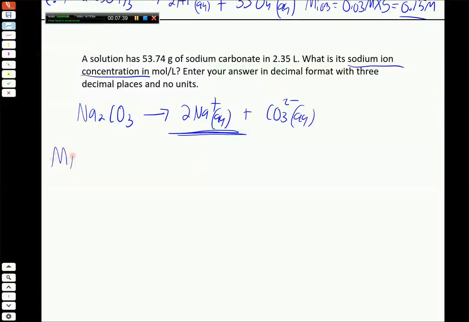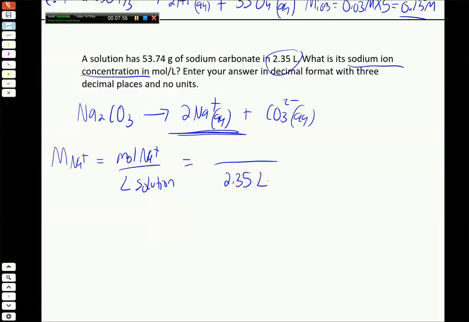So the molarity for sodium cations is going to be the moles of sodium divided by liters of solution. So that's the definition of molarity, moles per liter. The volume of the solution is given to us as 2.35 liters. And so all we need to do is find out how many moles of Na plus are in there.